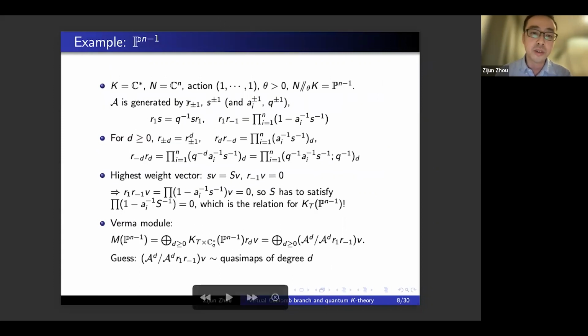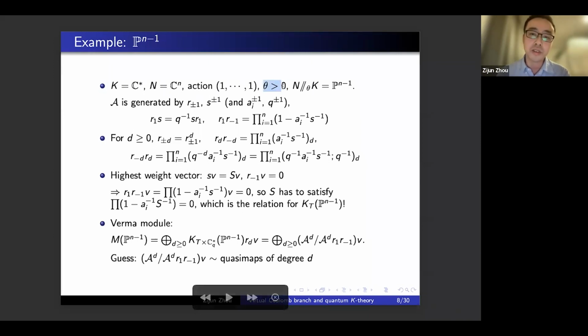And for this R plus minus 1, we should view them as the nilpotent part of this Coulomb branch. So we need to choose some positive part and negative part, and a natural choice is to choose it according to the stability condition theta.